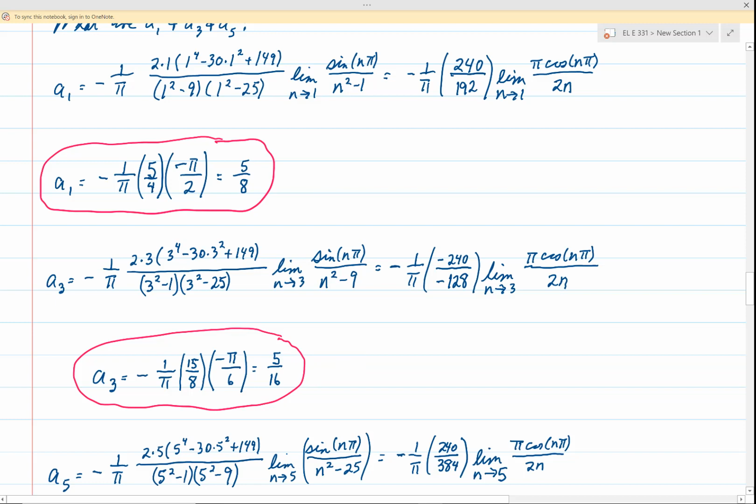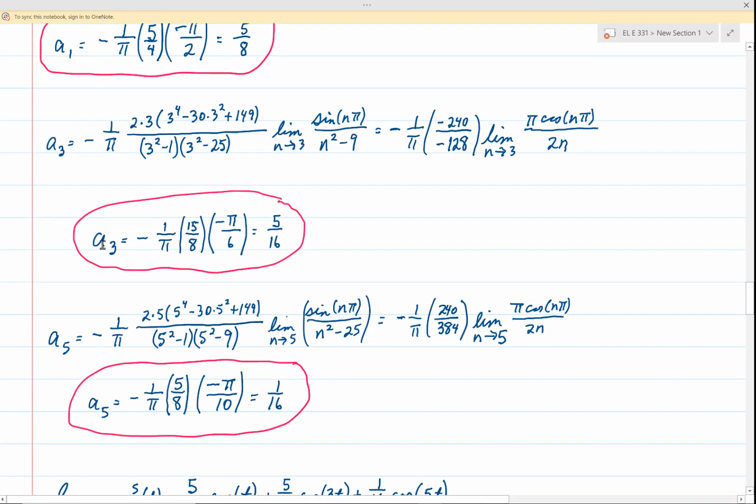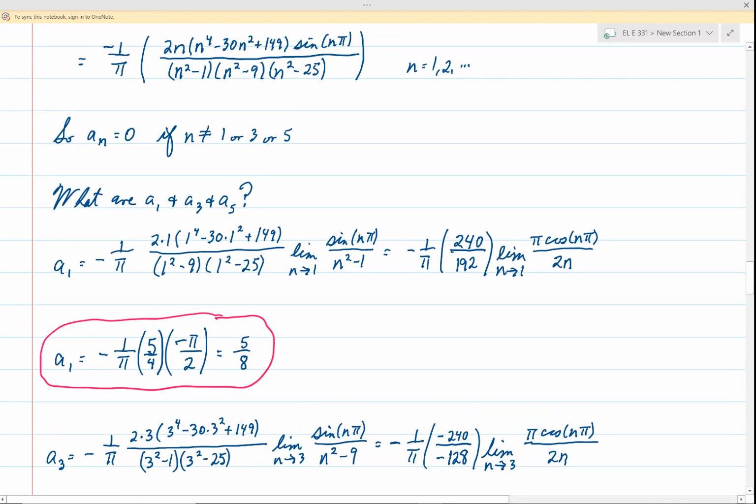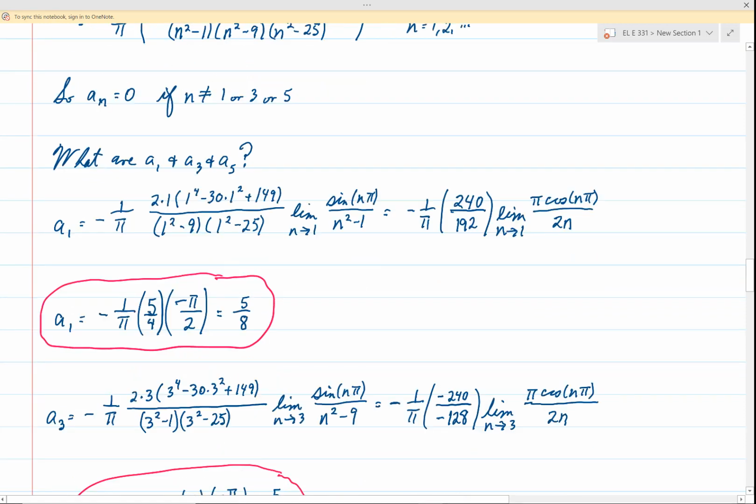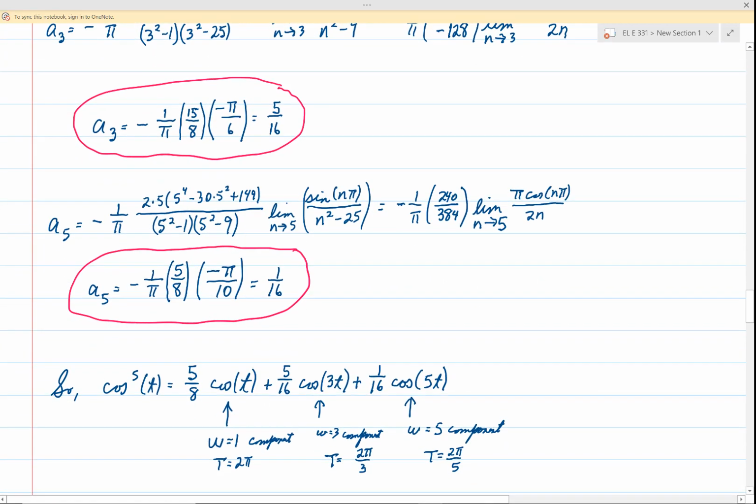And then finally, doing it one last time for n equals 5, when n is equal to 5, the term n squared minus 25 is the one that goes to 0 in the bottom. So that's the one that will be taken over here to evaluate in this fraction like this.